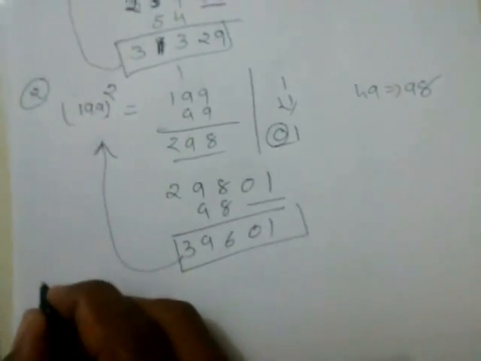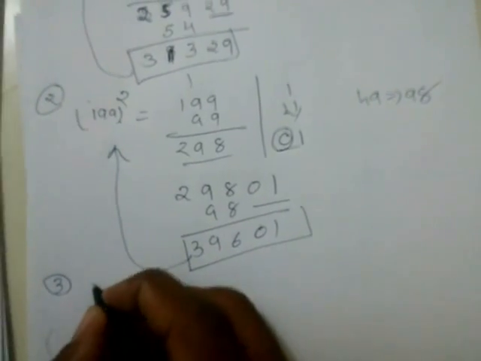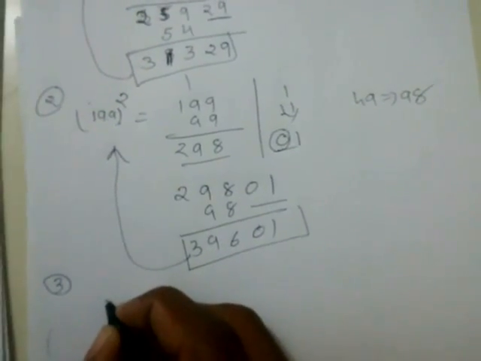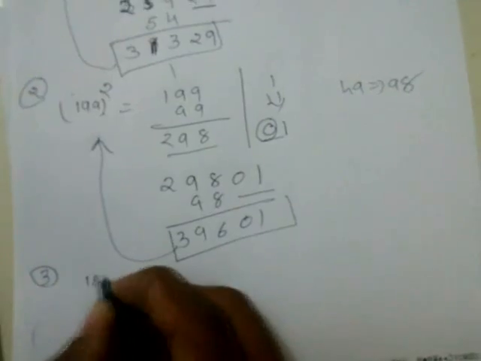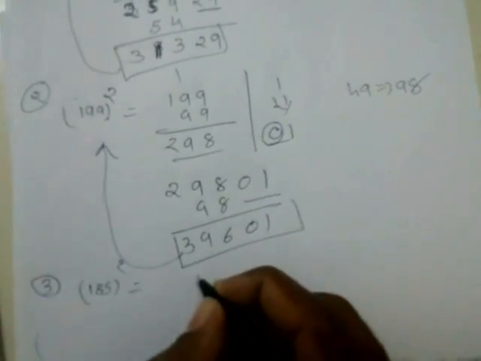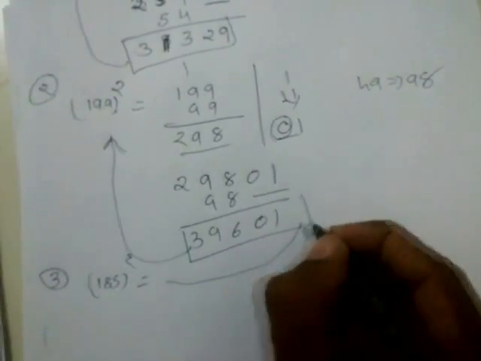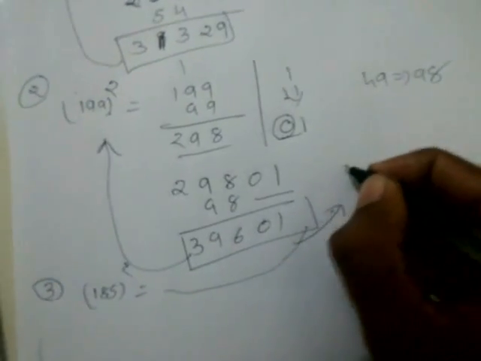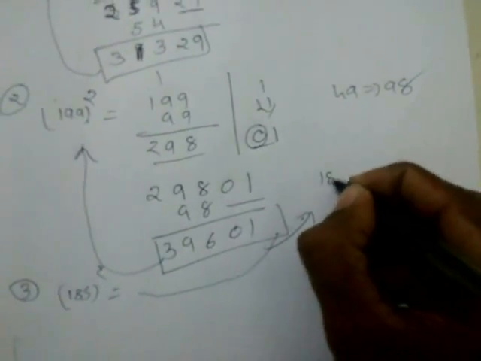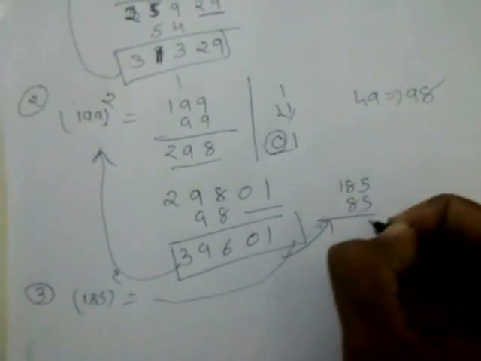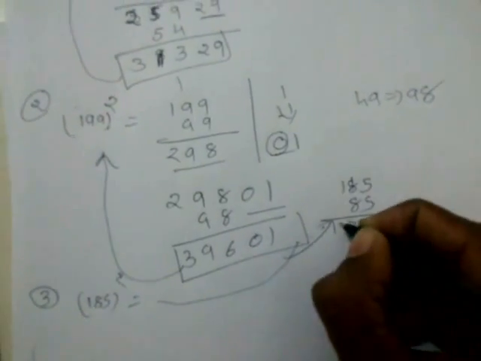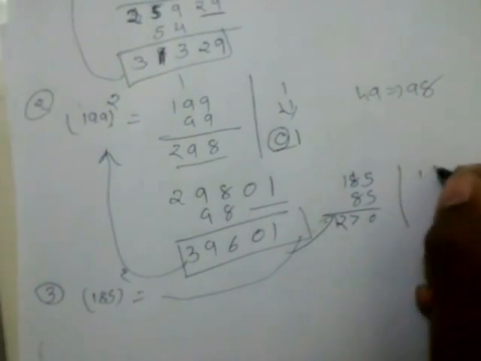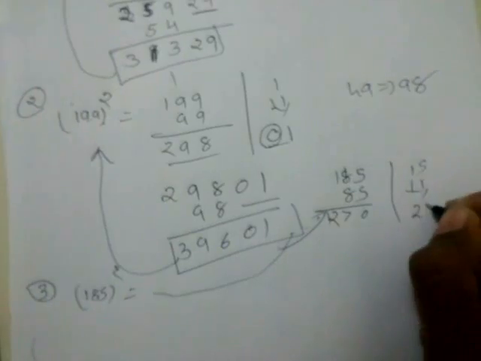And let's take third and final example quickly. Let's find out 185's square. So first it will be 185, 85, 270. Square of 15 is 225.